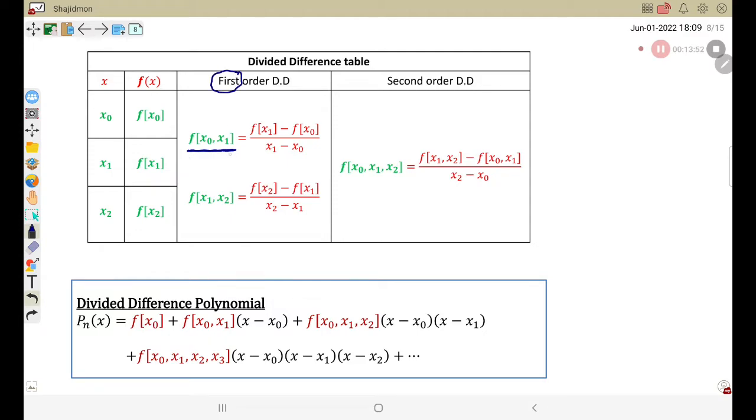F of x0 comma x1, then f of x1 comma x2. After that we need to consider 3 numbers at a time. F of x0 comma x1 comma x2 means, okay, these 2 values we are considering: f of x1 x2 value minus f of x0 x1 value divided by x2 minus x0, correct?